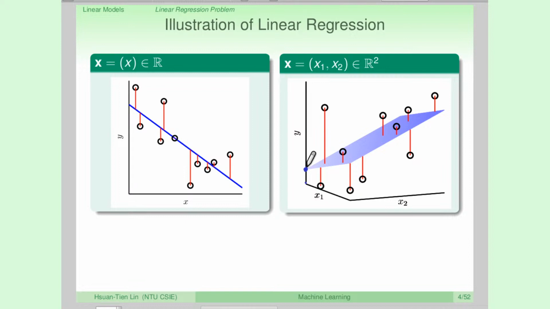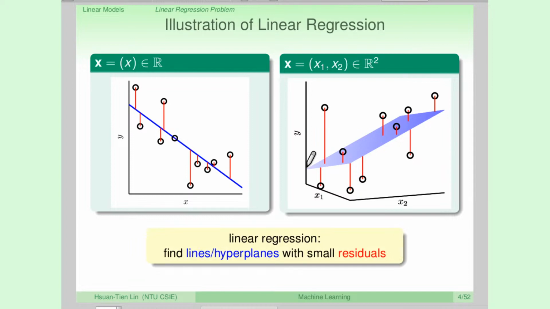And the good thing about using general vector notation is, similar to the perceptron case, we can remove the dependence on the dimension. The same algorithm works for 1 dimension, 2 dimensions, 3 dimensions, 1,126 dimensions, and so on. And this particular learning problem is called linear regression.